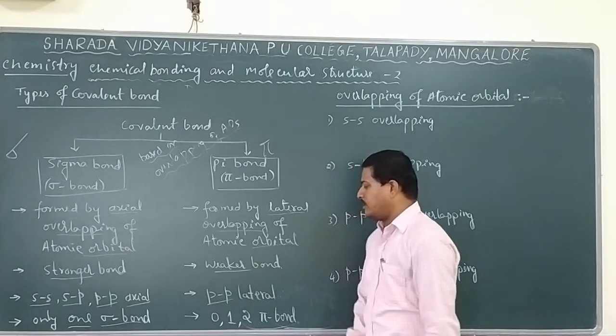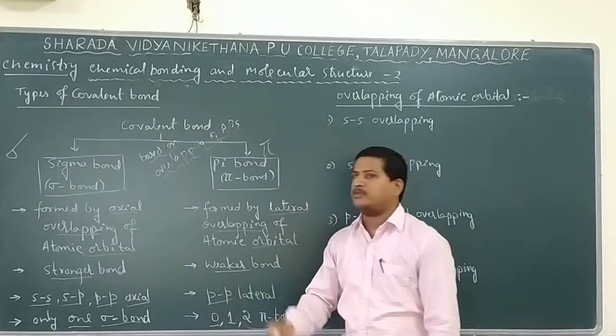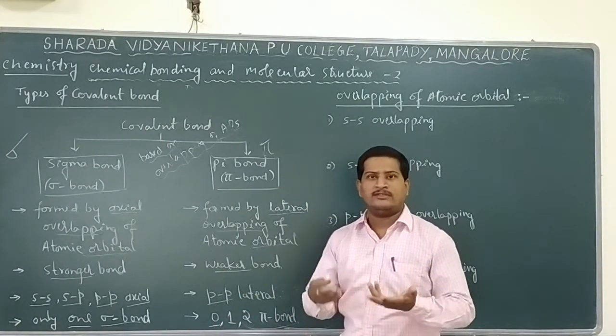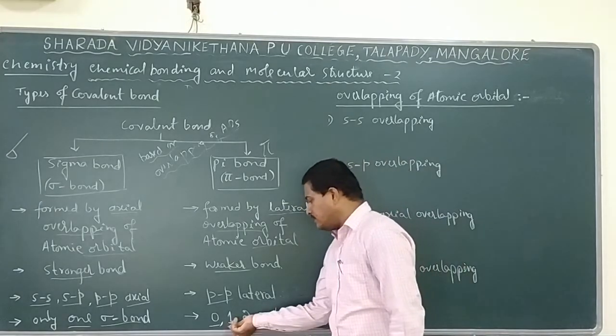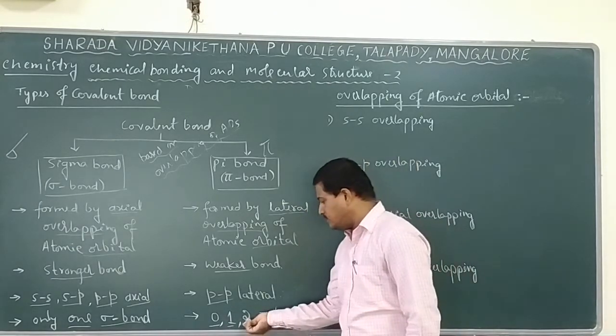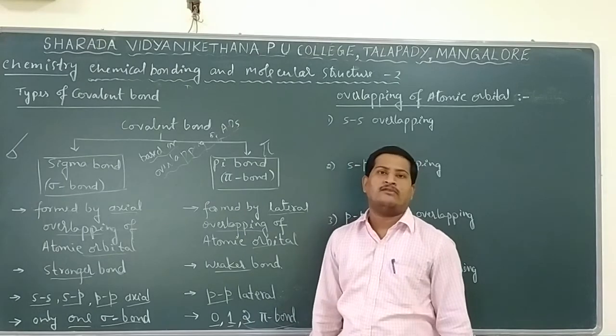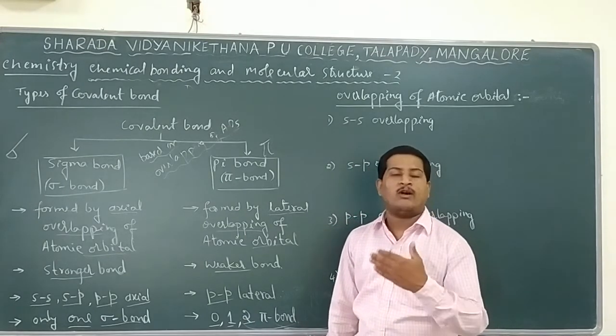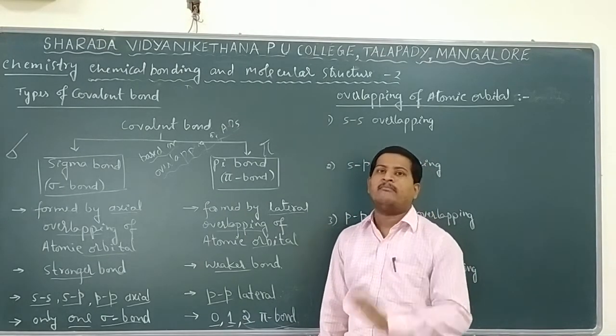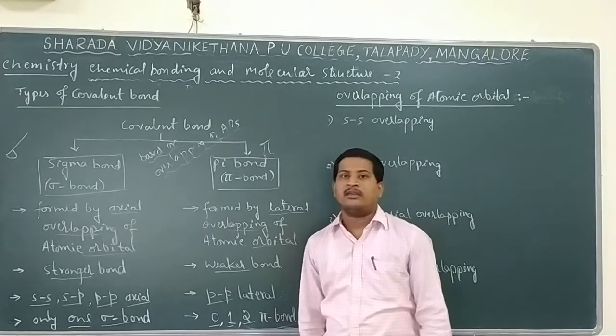Okay, but the number of pi bonds may be present or may not be present. It may be 0, meaning no pi bond, or it may contain one pi bond, or two pi bonds. But the maximum number of pi bonds formed between two combining atoms is 2, and the minimum is 0.